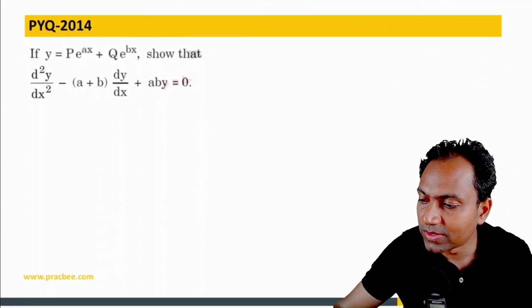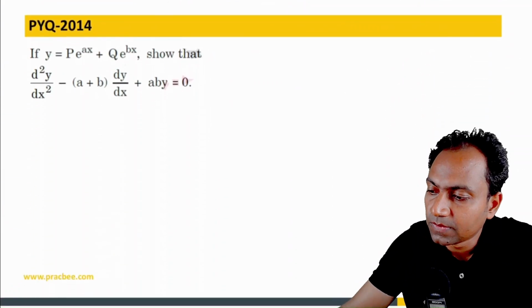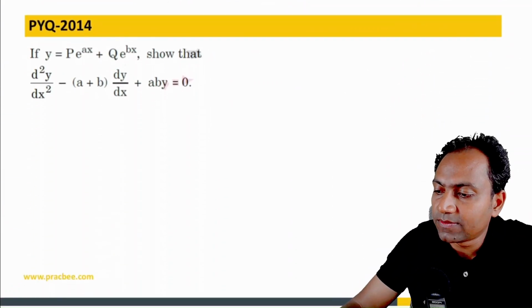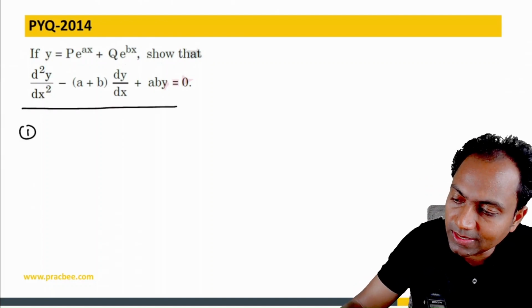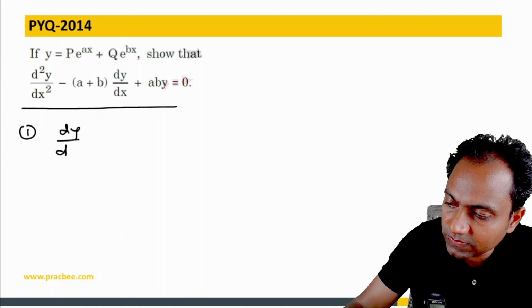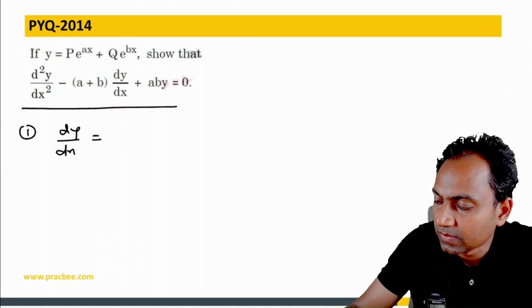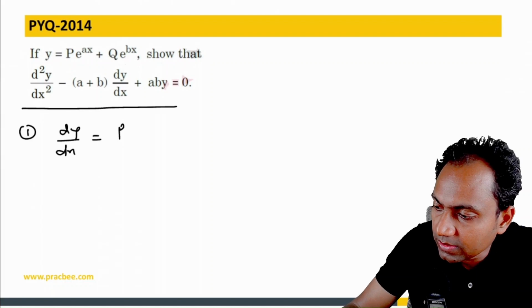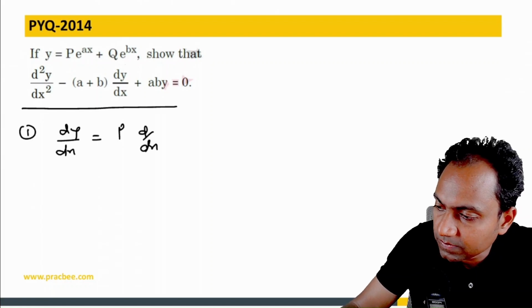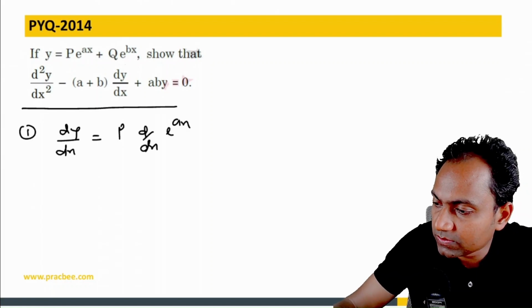So the number of substitutions have become less if I use this technique. If I move forward in this 2014 question, let us see what they are saying is, again we'll have to differentiate twice. This is what they're asking us to do. So let us do exactly that. Let us find the value of dy by dx. It becomes nothing but p of, now if I differentiate this, e raised to the power ax would be there.